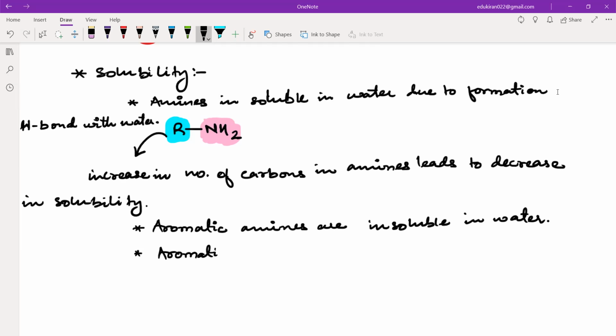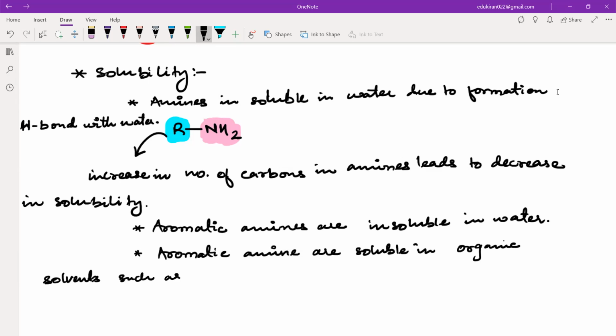Aromatic amines are soluble in organic solvents, such as ether, benzene, etc. So this is about solubility. This part is important: an increase in the number of carbon atoms in amines leads to a decrease in solubility.